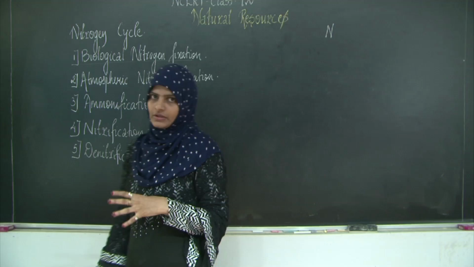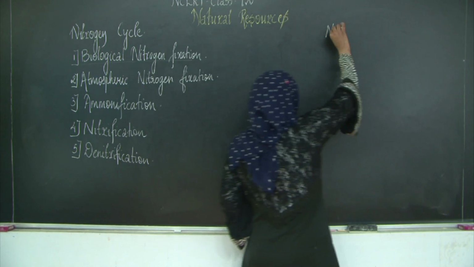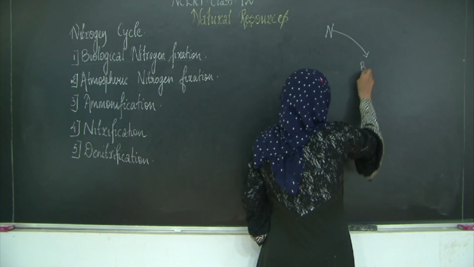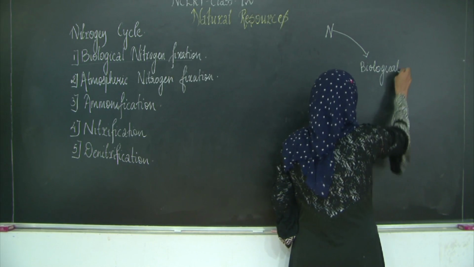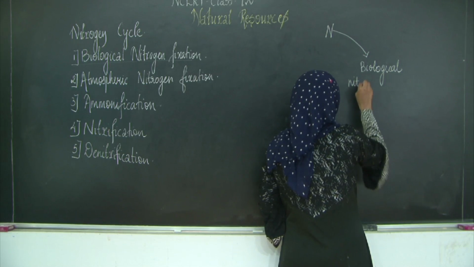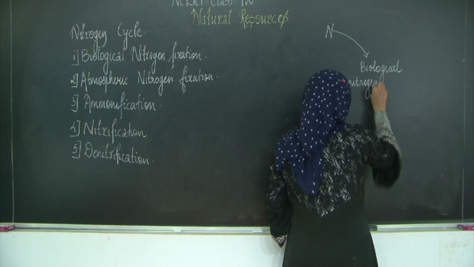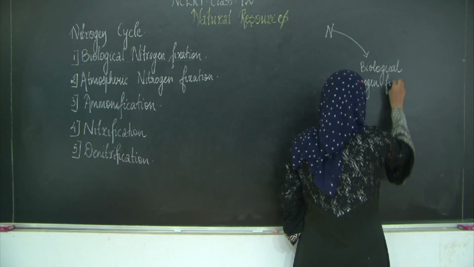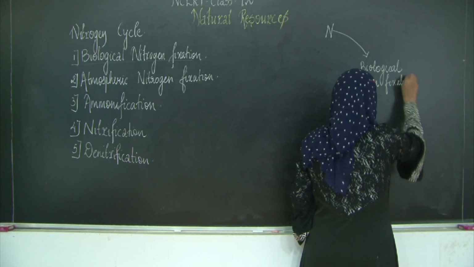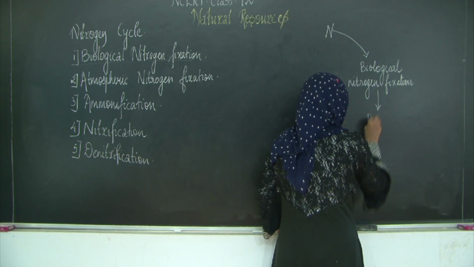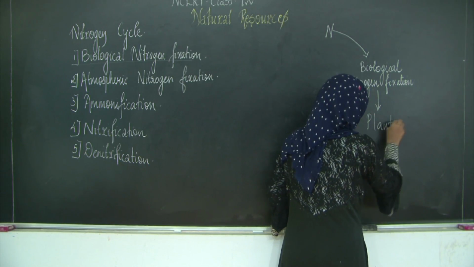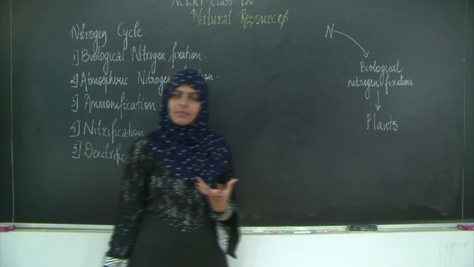and then the same plant gives the nitrogen to the animal. So, when I say biological nitrogen fixation, I am talking about the leguminous plants which take this elemental nitrogen as a major product. So, through biological nitrogen fixation it will come into the plants, right. Now, these plants will be eaten by whom?